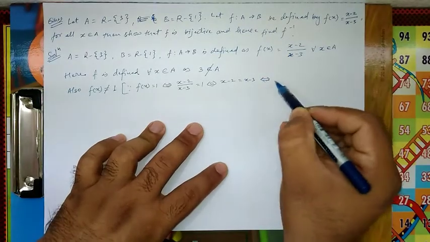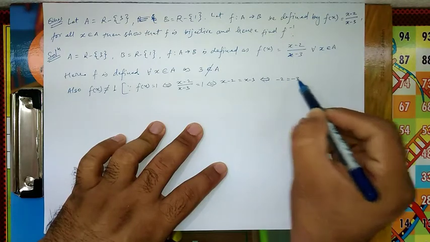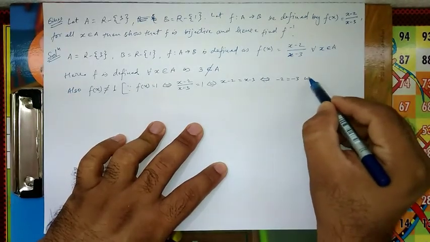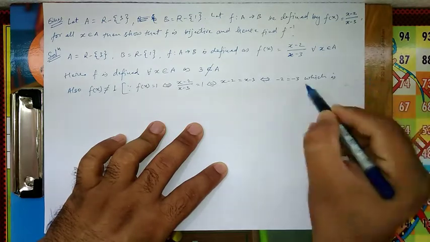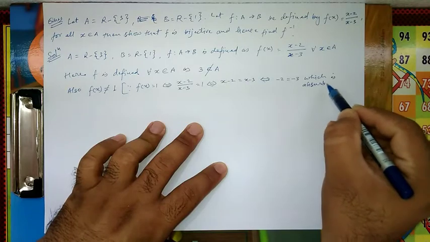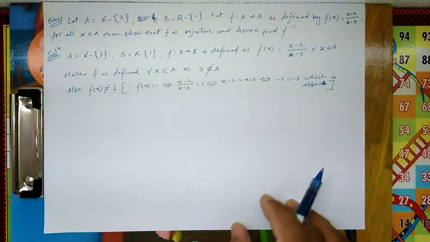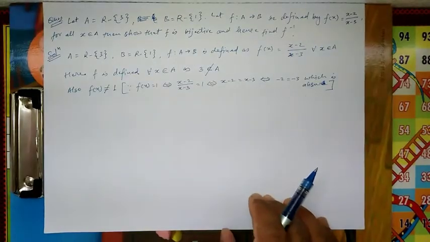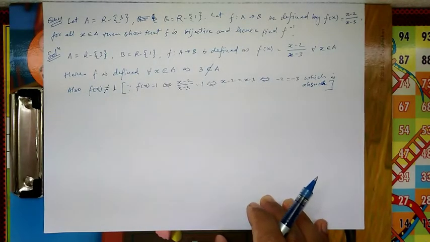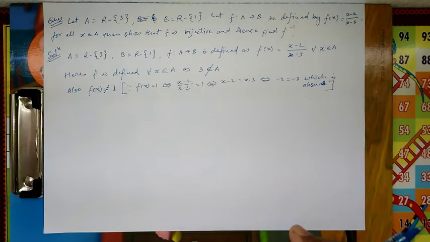Further, that implies minus 2 equal to minus 3, which is absurd. So we cannot consider that one. That's why it is given that B is R minus 1.